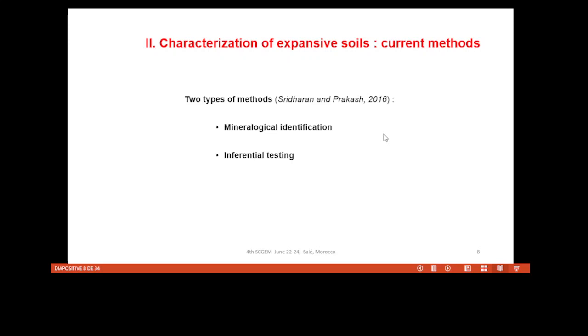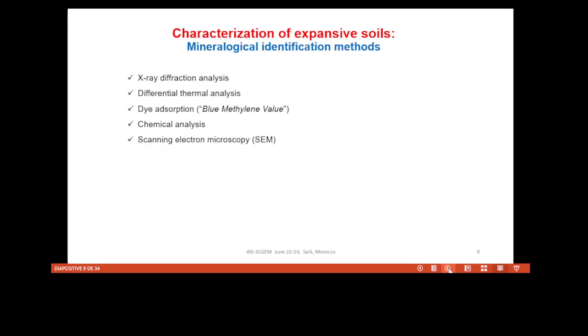First is the mineralogical identification, and second is the inferential testing. About the mineralogical identification method, we have different tools. For example, X-ray diffraction analysis, differential thermal analysis, the blue methylene value, chemical analysis, and scanning electron microscopy.